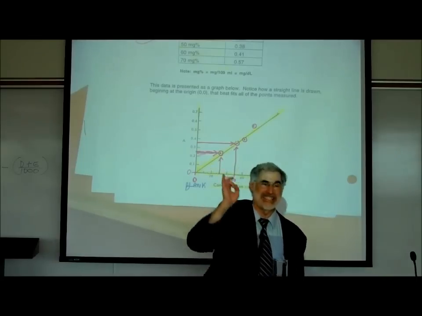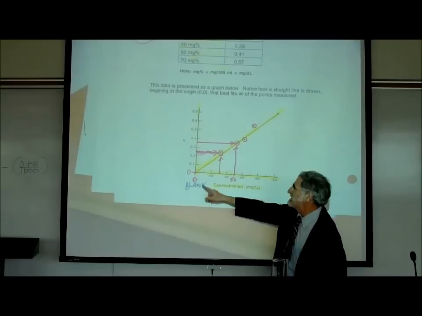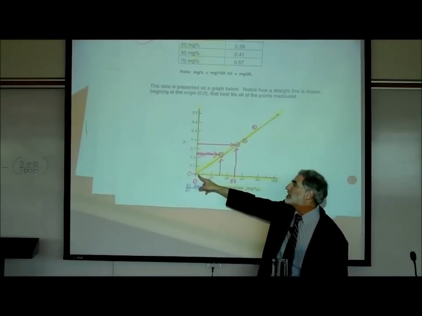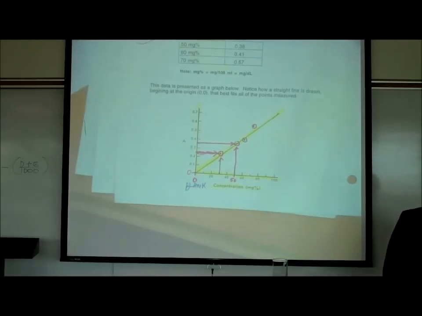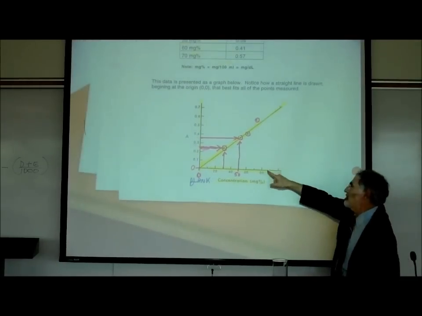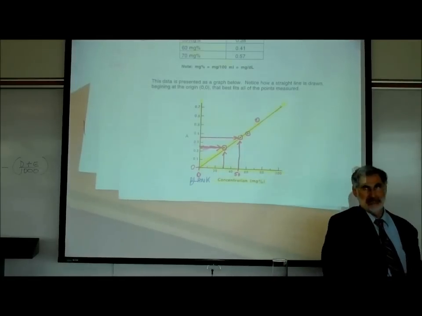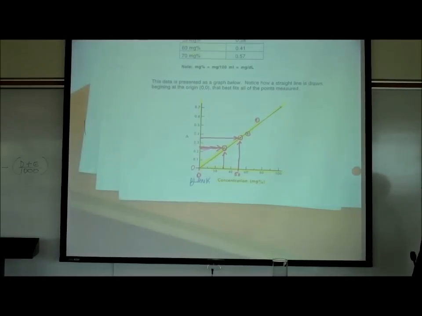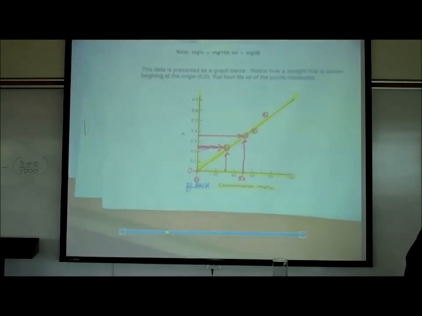The point is it's got zero amount of whatever we're trying to determine in it. Since it's got zero concentration, it will have zero absorbance of light. So when you construct these graph lines, it's got to go through the 0, 0 point. That's called your blank.